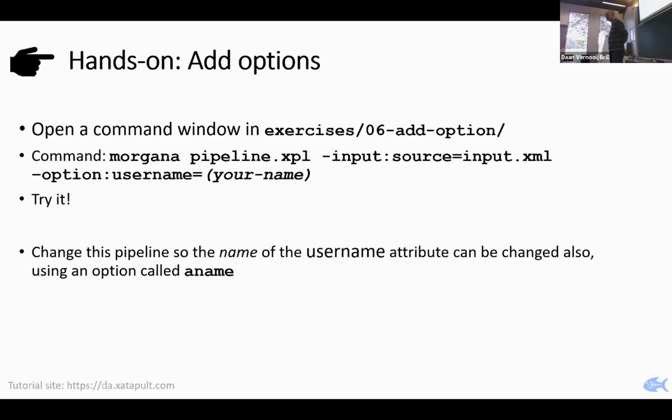The question is if you put in a name with only numbers in it, the pipeline fails. Yes, probably it then takes it as an integer, but I'm not sure. That's probably a Morgana conversion thingy. I don't know whether it's in the language or in Morgana. I'm not sure about that.